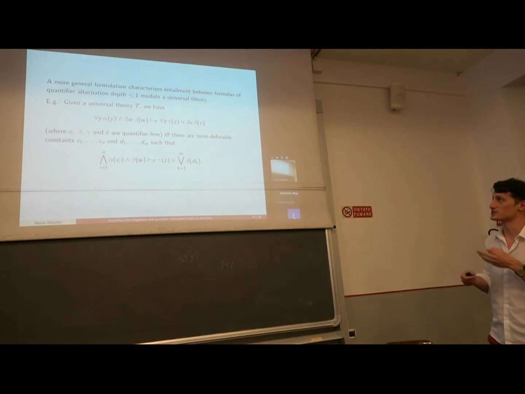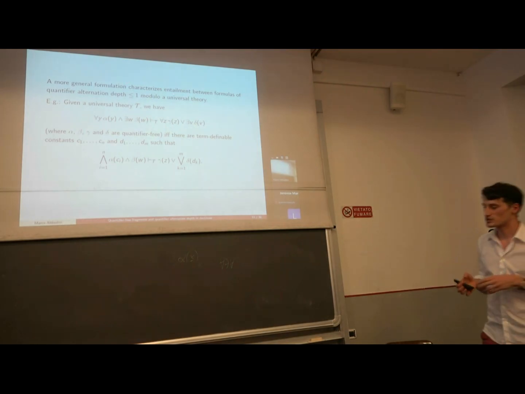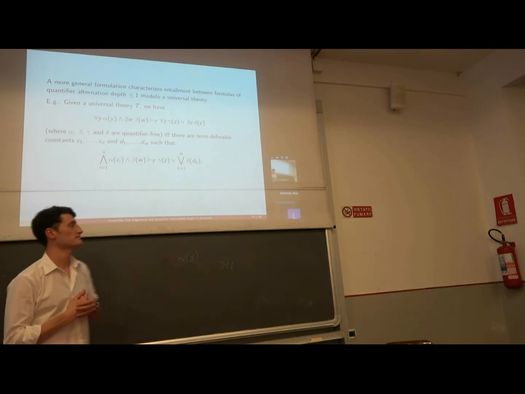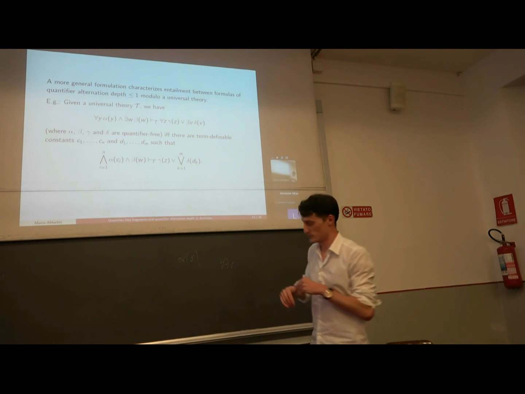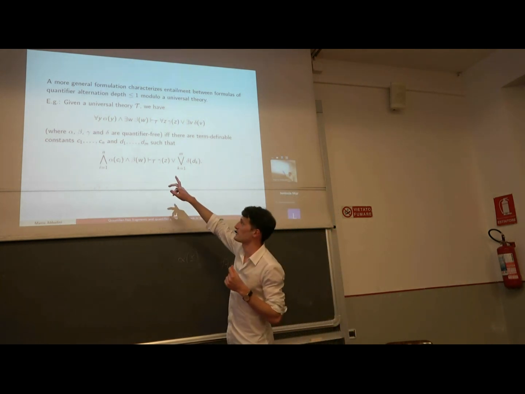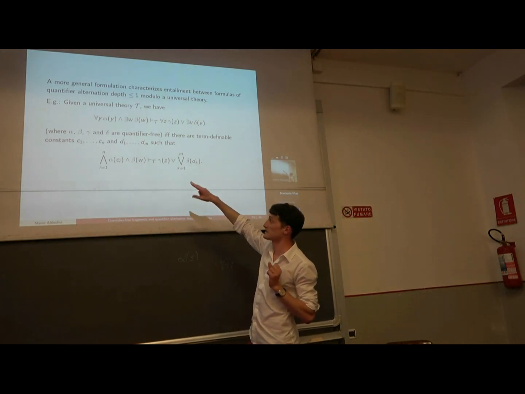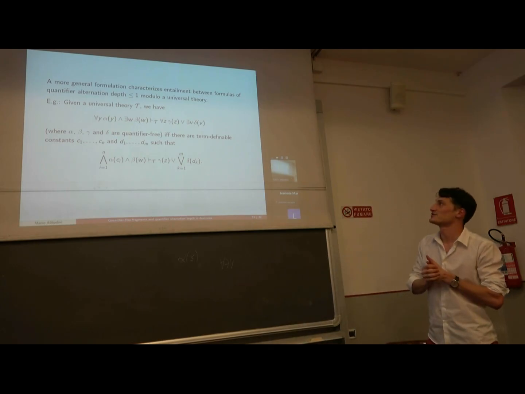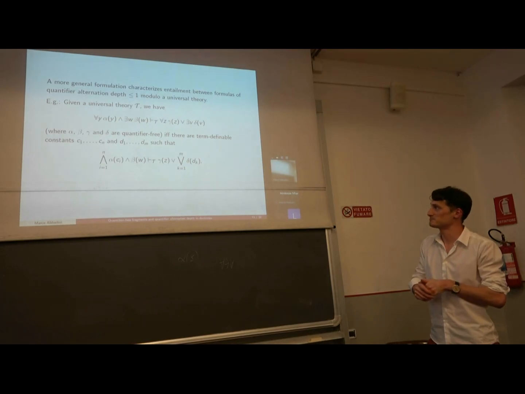It can also be formulated in more generality to characterize when two formulas of quantifier alternation depth one entail each other. So, for example, suppose I want to know when a conjunction of a for all y, alpha y statement and exists w, beta w entails for all z, gamma z, or exists v, delta v.